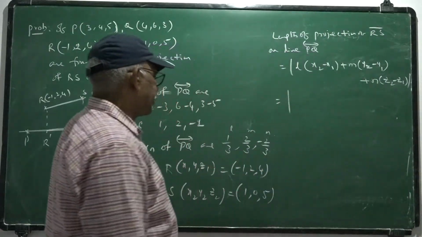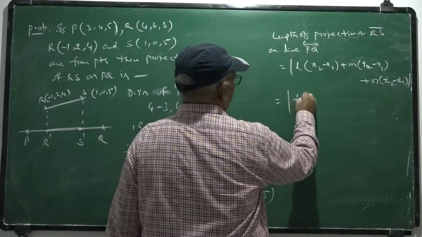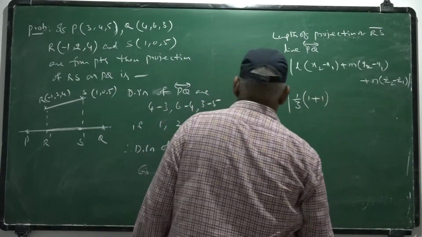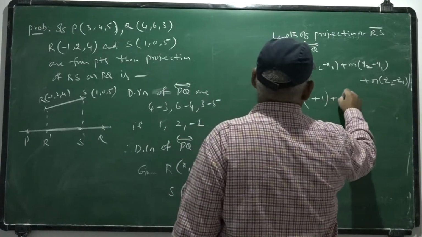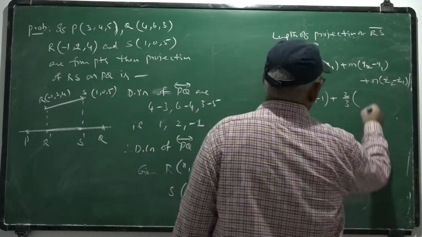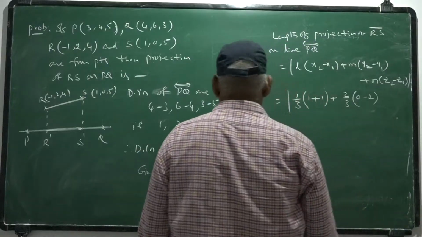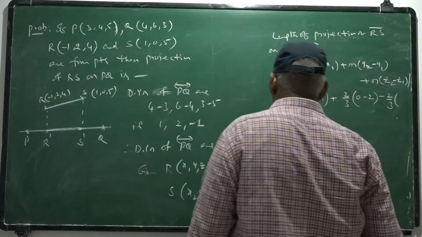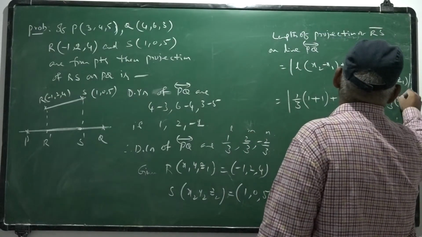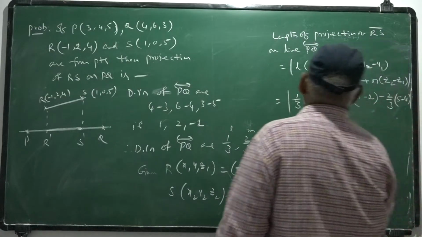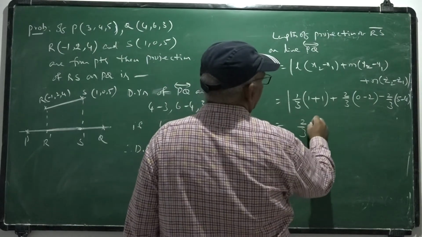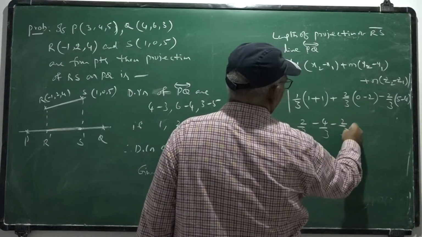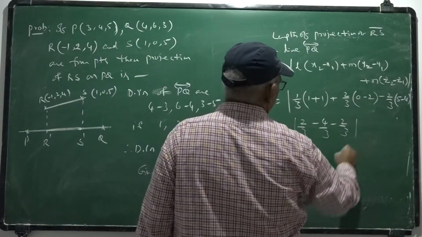So L stands for 1 by 3, x2 minus x1 means 1 plus 1. M is 2 by 3, y2 minus y1 is 0 minus 2. N is minus 2 by 3, into z2 minus z1 is 5 minus 4, with modulus. That is 2 by 3 minus 4 by 3 minus 2 by 3, with modulus.